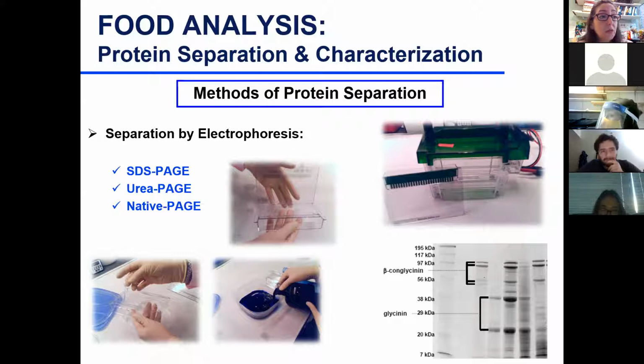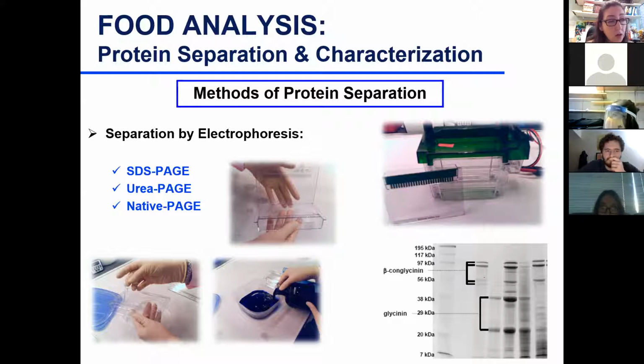So if we run them on a gel, we can see what components there are within the protein. We can see if they are polymerized. So let's say here, the higher molecular weight doesn't go as far down in the gel as the lower molecular weight, because especially in SDS-PAGE, we're separating only based on size.